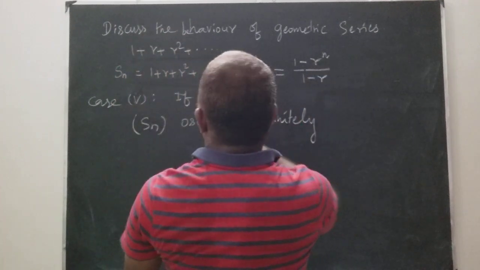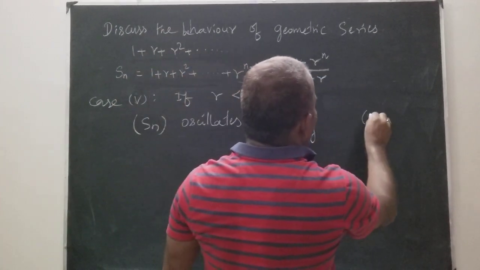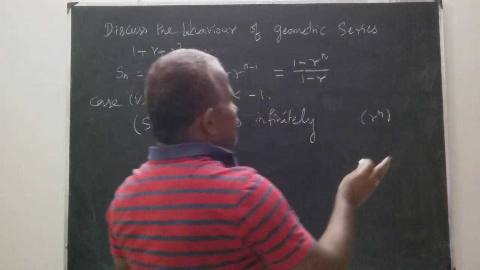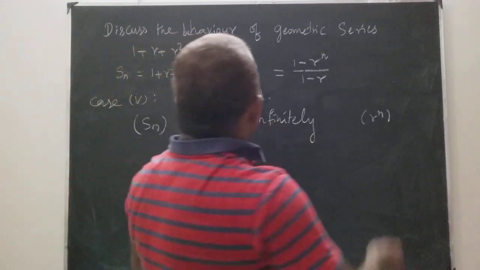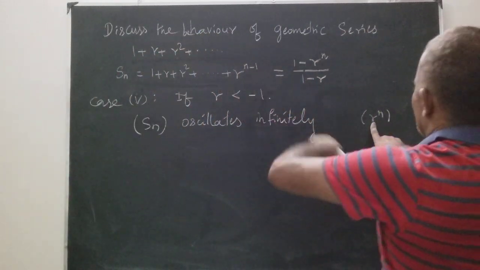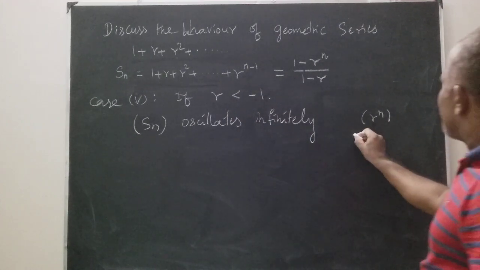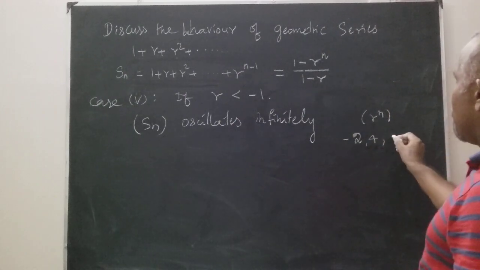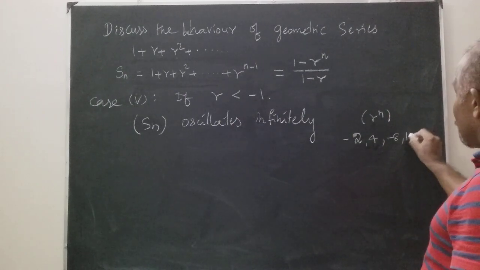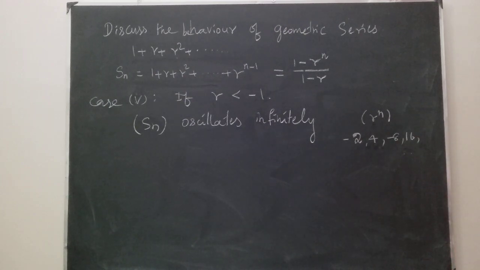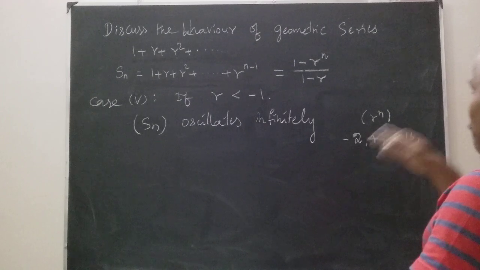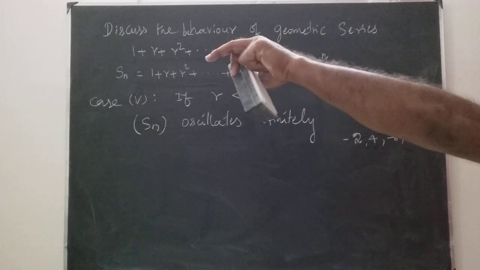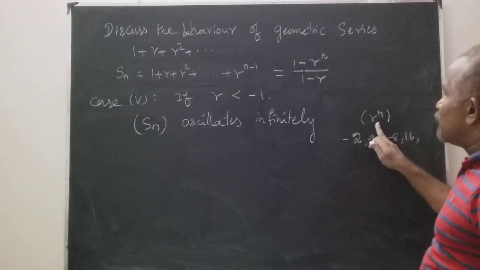What about this series? Suppose r is less than minus 1. So, this r power n oscillates. R power n is nothing but what? Suppose r is equal to minus 2, we will be getting minus 2 plus 4 minus 8 plus 16, etc. So, this oscillates infinitely.